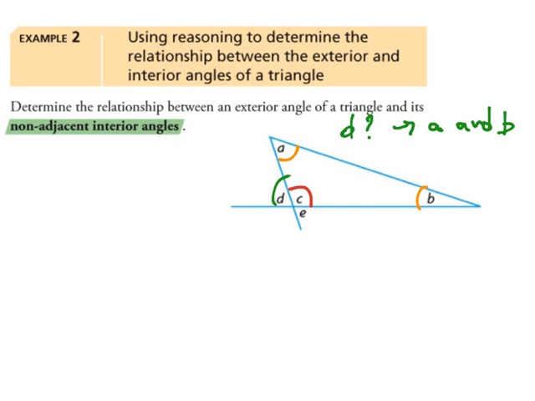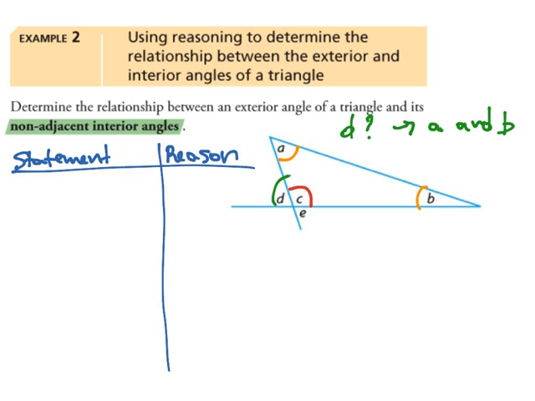So let's first have a statement, and then we have to have some type of a reason. So let's find this relationship. We know that angle D and angle C, when they add up, they have to add up to 180 degrees, because they are on the straight line.